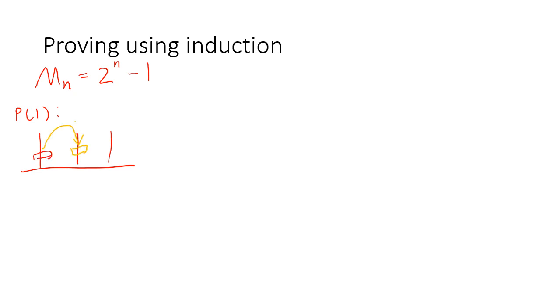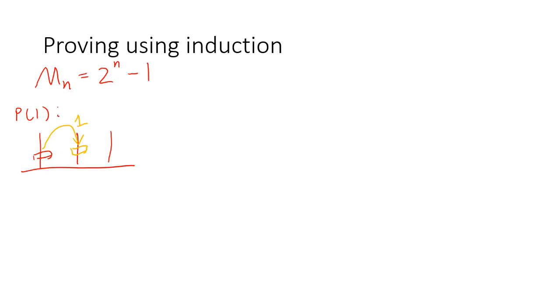So now we know that Mn equals 2 to the power of n minus 1. If you are not very convinced, you can prove this using mathematical induction as well. When n equals 1, which is when there's only one disk, it is quite easy to see that you only need one move to move it.